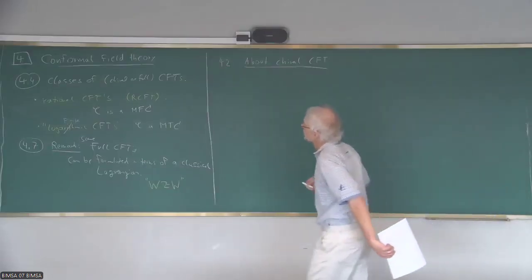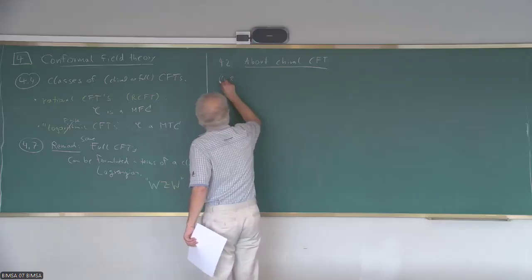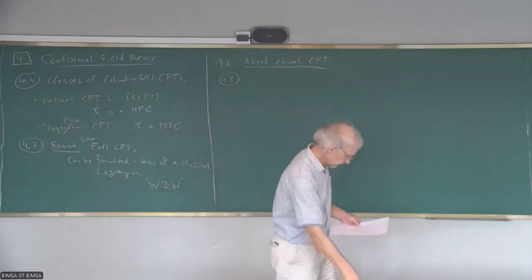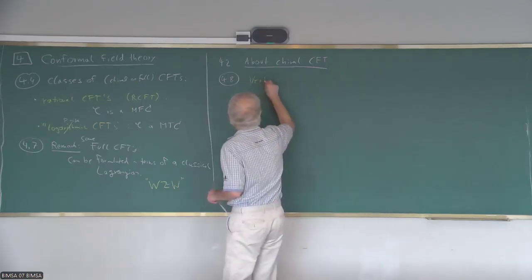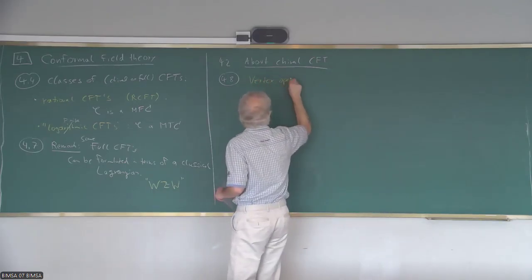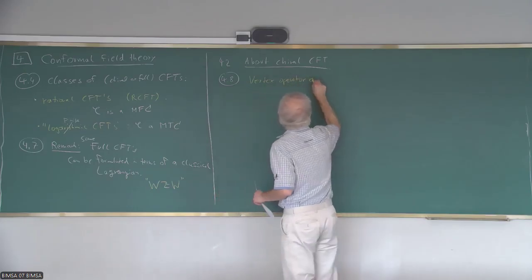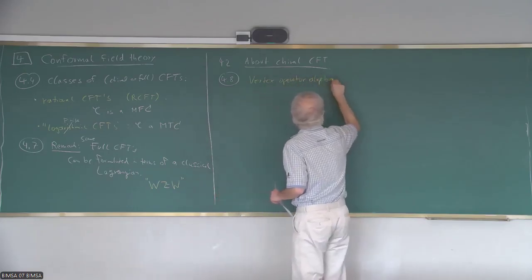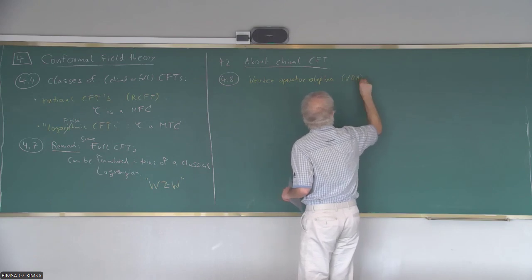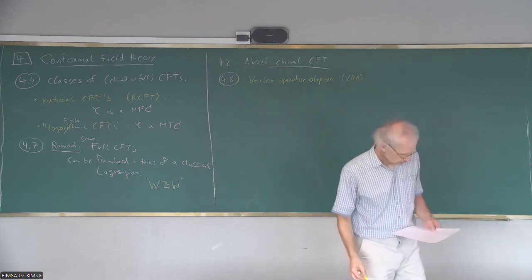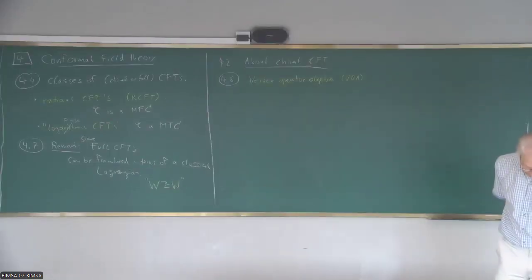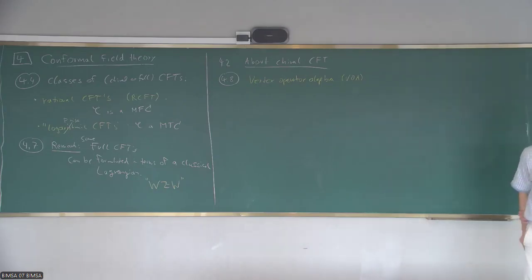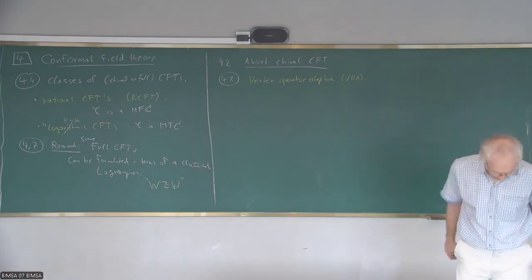The first aspect of this is to say something about vertex operator algebras. This is not the subject of the course. This is algebra, some part of algebra and part of category theory.